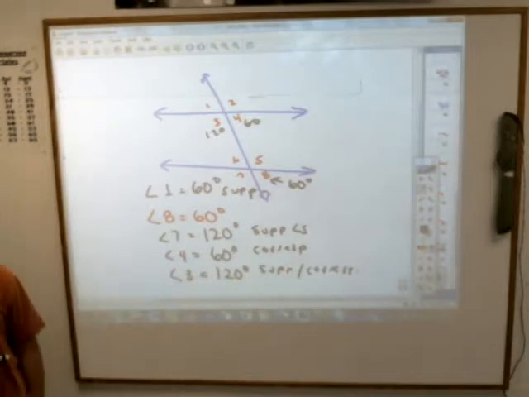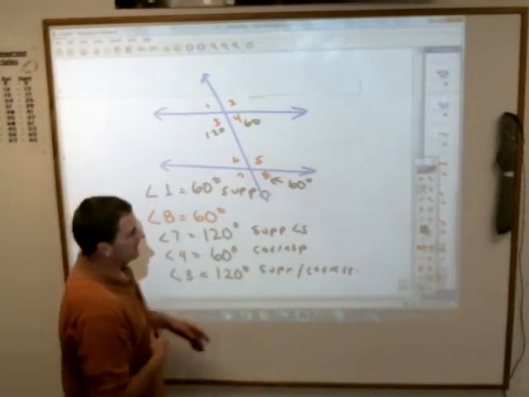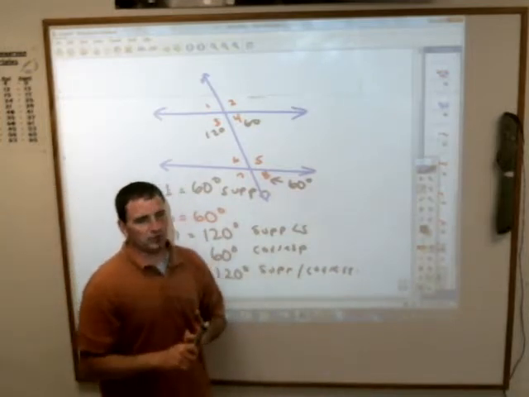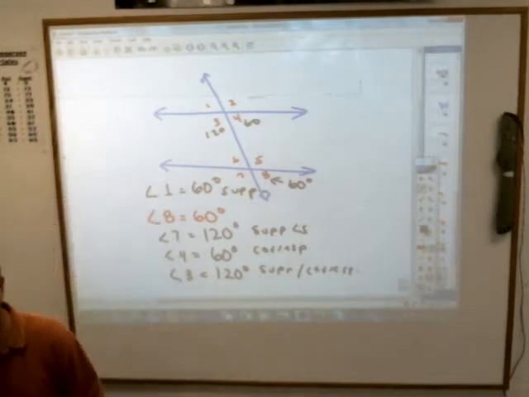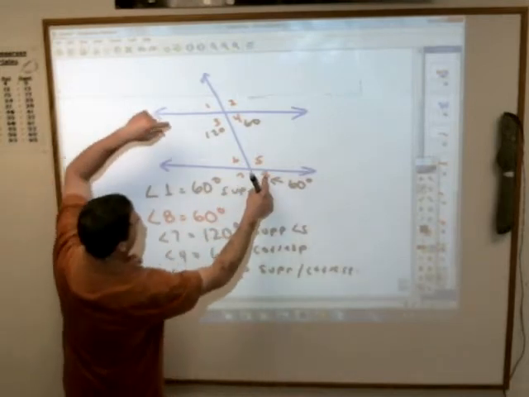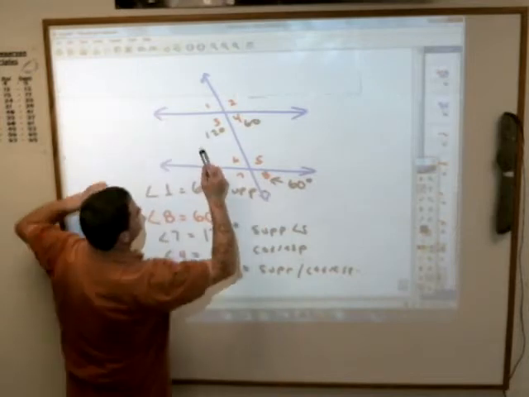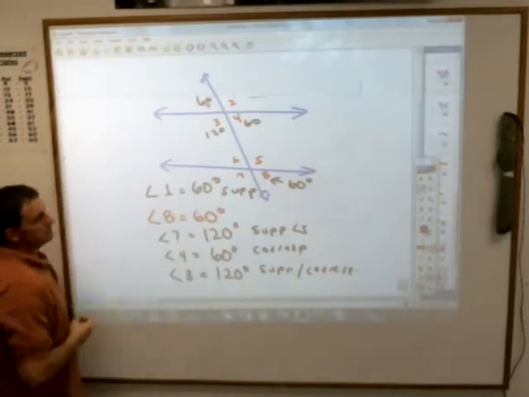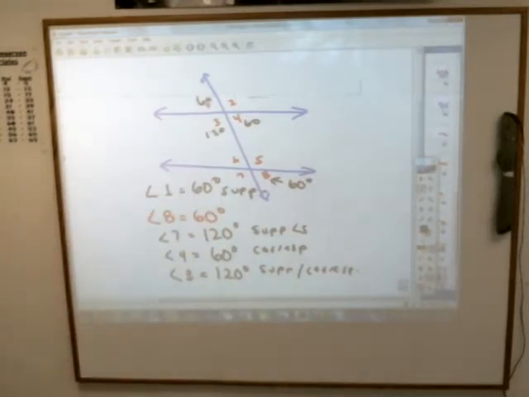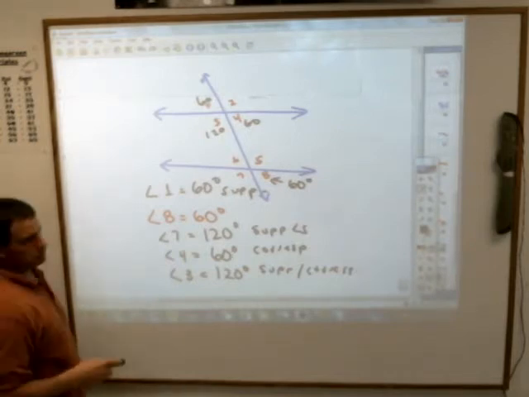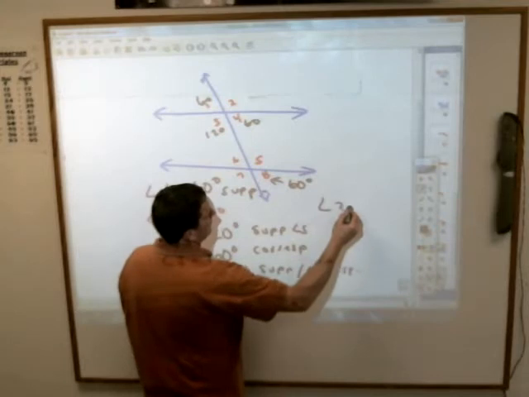Caroline? Alternate exterior angles. Correct. And the saying goes, if two parallel lines are cut by a transversal, then alternate exterior angles are equal. So this has to be 60 degrees as well. How about angle 2? How many degrees is angle 2? Josh? 120. Why?